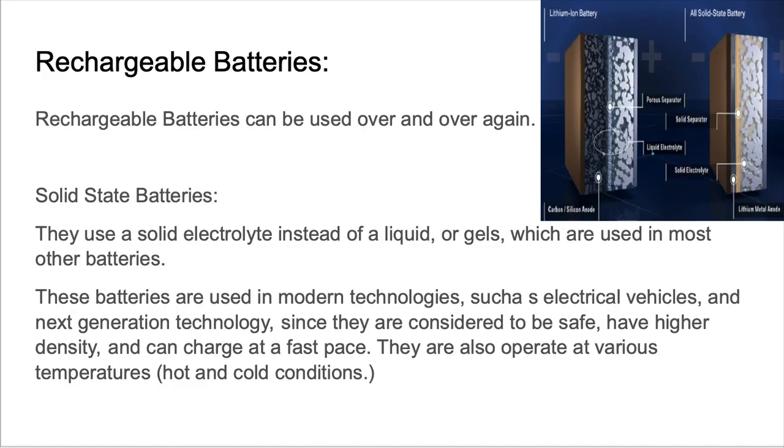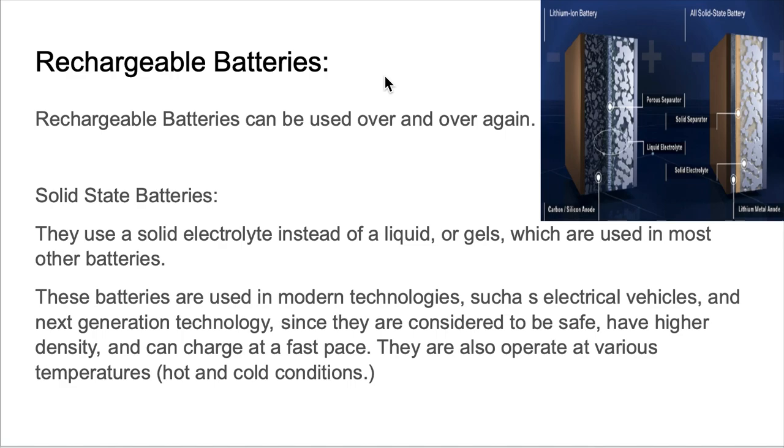So now I'll discuss the other type of batteries, called rechargeable batteries. Rechargeable batteries are the opposite of non-rechargeable batteries. They are also known as secondary batteries. Rechargeable batteries can be used over and over again.